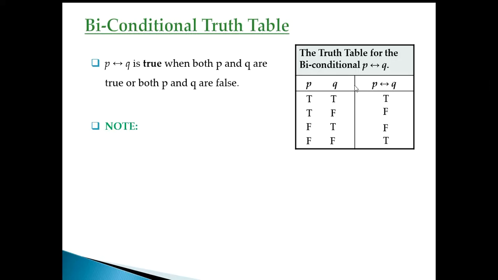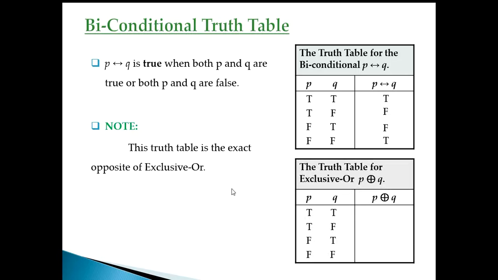One note point here is that the truth table is the exact opposite of the exclusive or. You remember what the truth table of the exclusive or was? In our exclusive or truth table, the truth value is true if one of these is true, otherwise it is false.